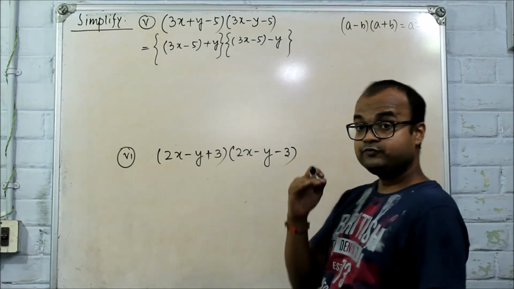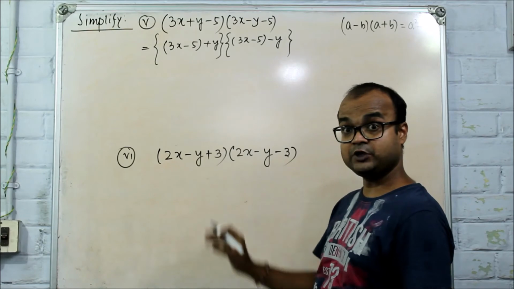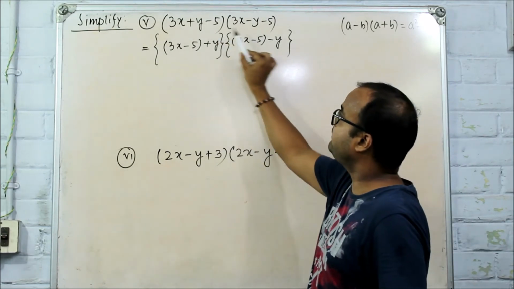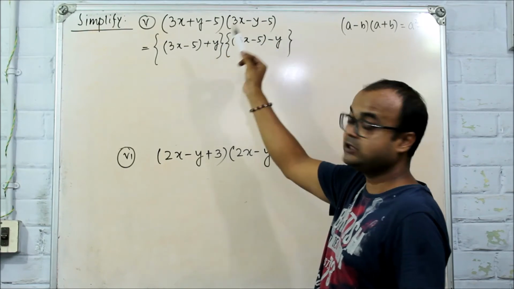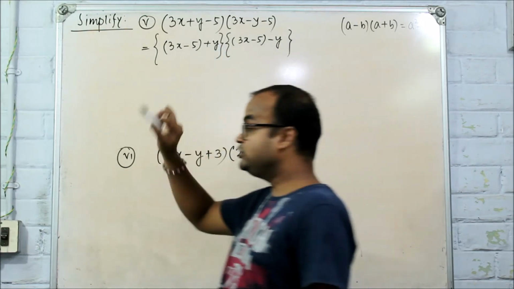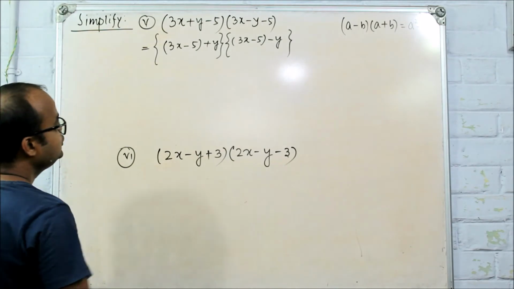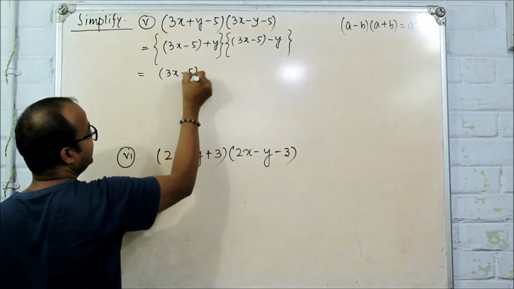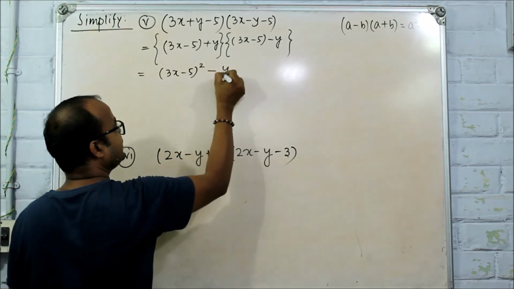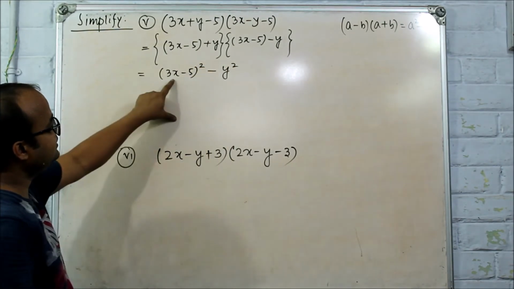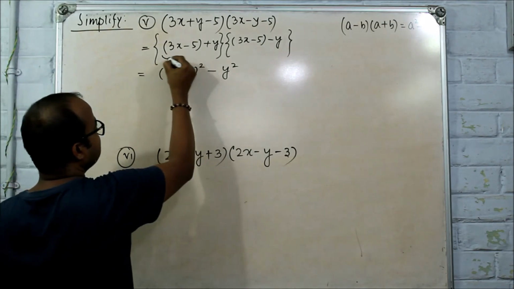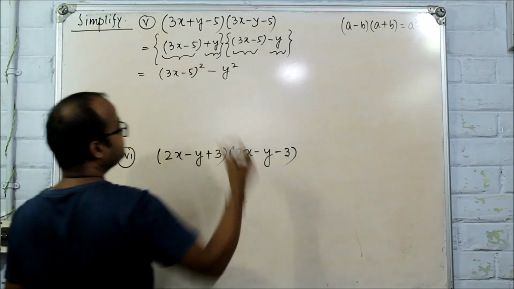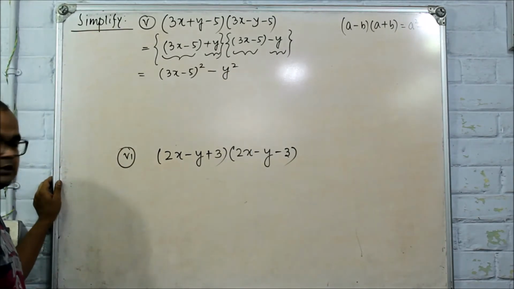So first look at the sum very carefully, understand which formula you are going to apply. If you directly apply, you cannot apply any of the formulas. Clear? You need to multiply. So this is equal to 3x minus 5 square minus y square. For us, this is a and this is b. Clear?